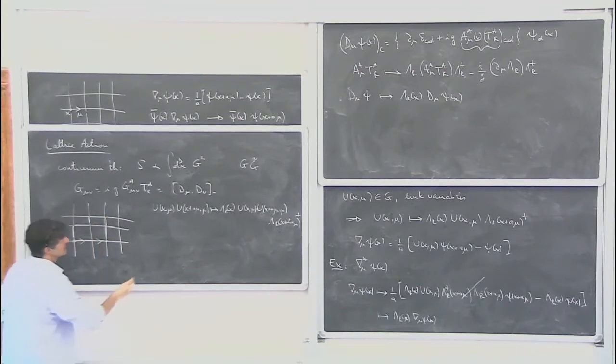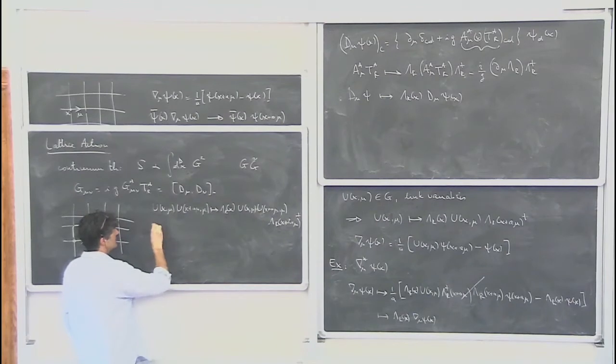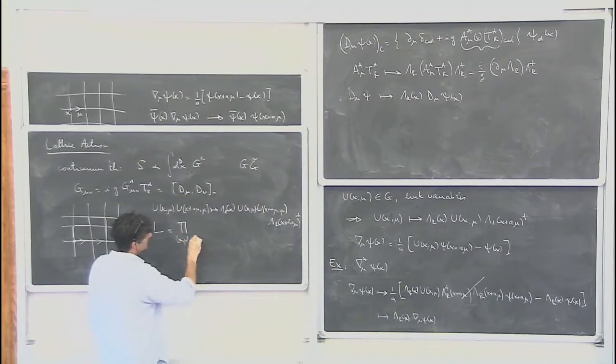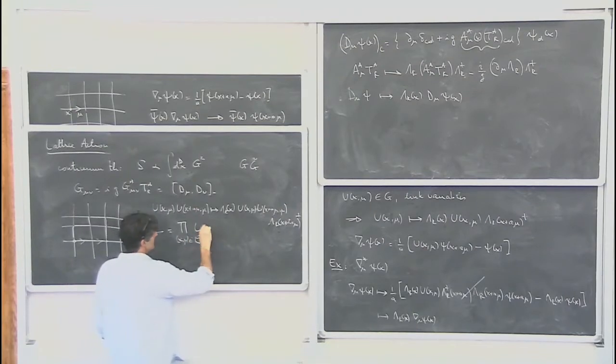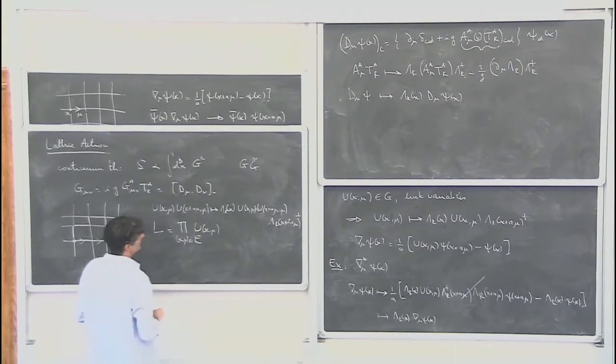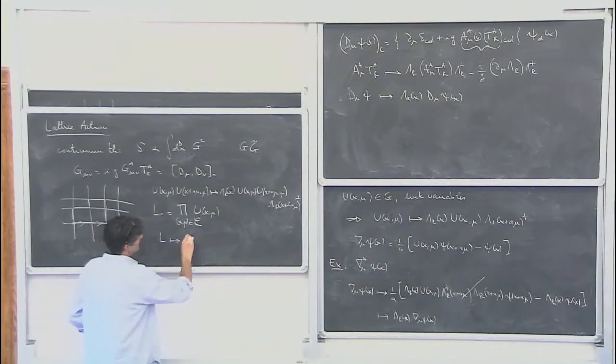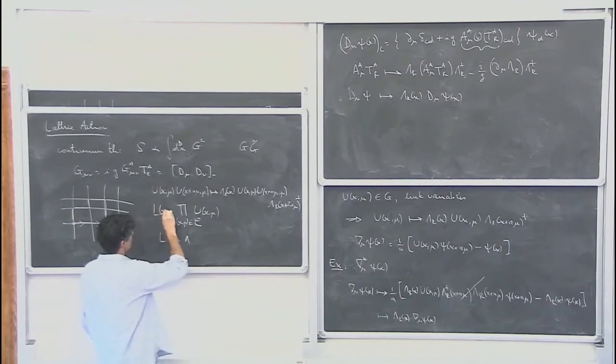Okay? So in particular, if we take a closed circuit, if I call L the product of a set of links U(x,μ) that belong to a closed path, then this closed line transforms like, let's say, starting at x.